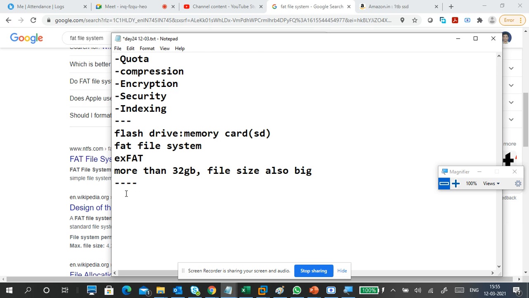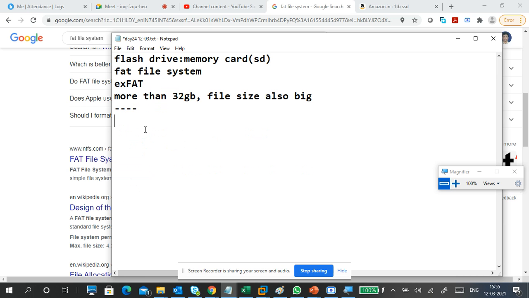Next time you see, you don't get confused. Okay. The exFAT file system supports more than 32 GB, and big files are also supported. File size is also big. Okay, so big size files. So I'll put big file size.